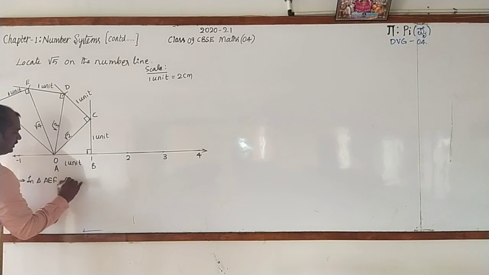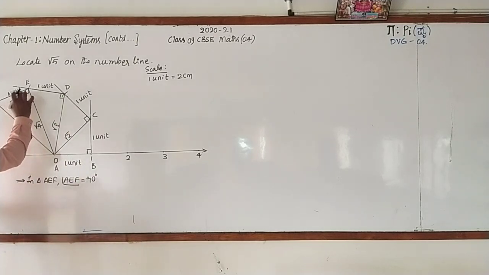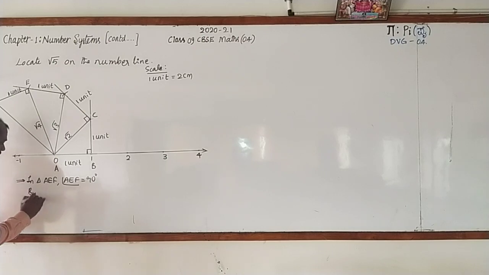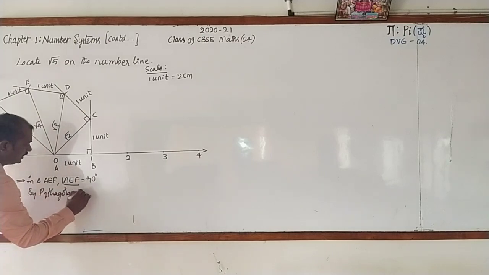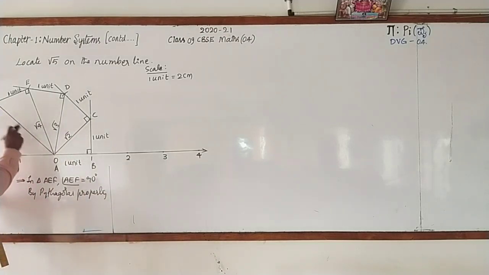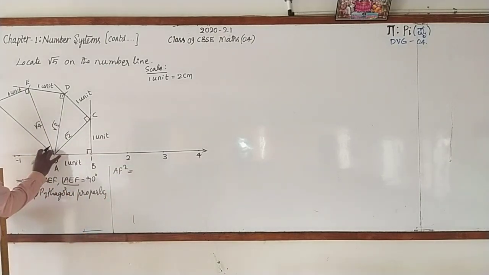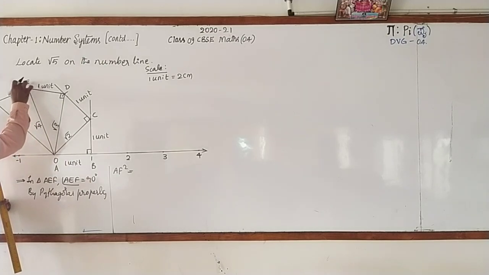Angle AEF is equal to 90 degrees. By Pythagoras property, the square on the hypotenuse, that is AF square, is equal to the sum of the squares of the other two sides. The other two sides are AE and FE.